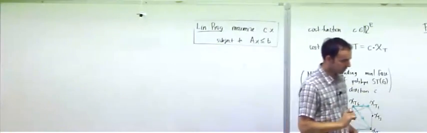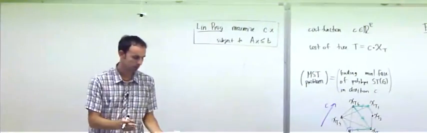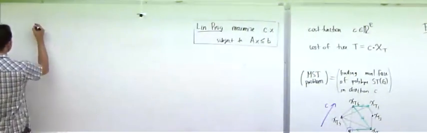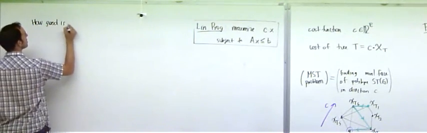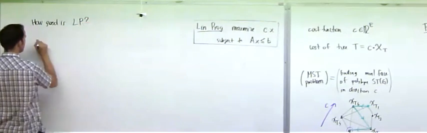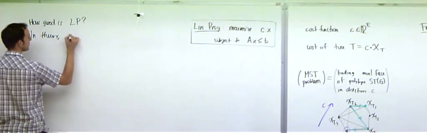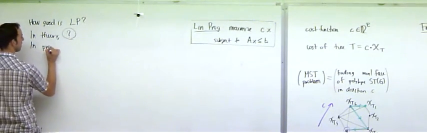Now, let me just make some general comments about this. So how good is linear programming? In theory, we don't really know. But in practice, it seems to work very well.